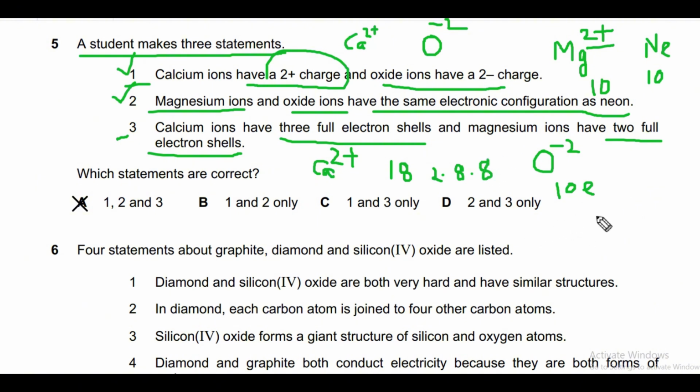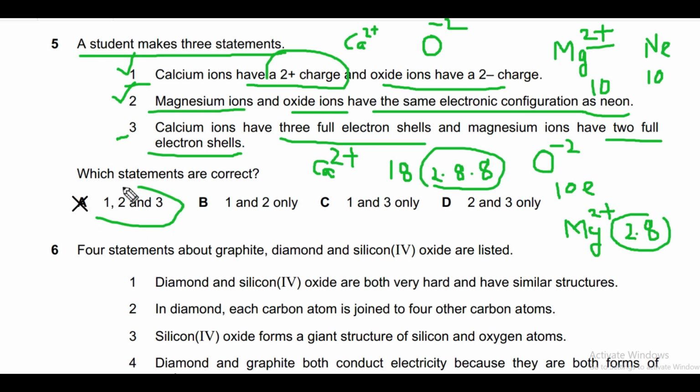Magnesium ion has 10 electrons, so 2 8 electronic configuration, 2 full shells. Calcium ion has 3 full electron shells, magnesium ion has 2 full electron shells. So which statements are correct? 1, 2, 3, all 3 are correct answers.